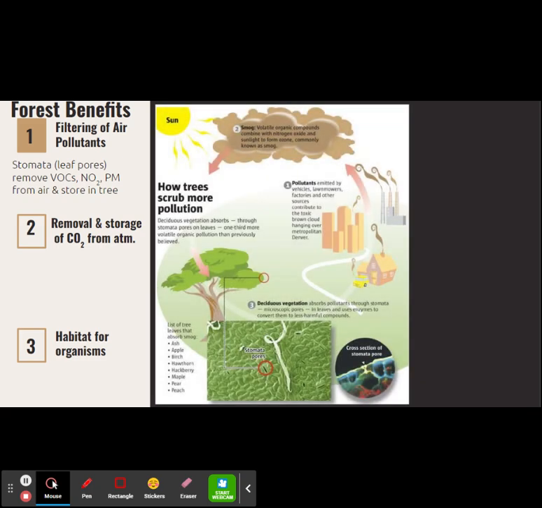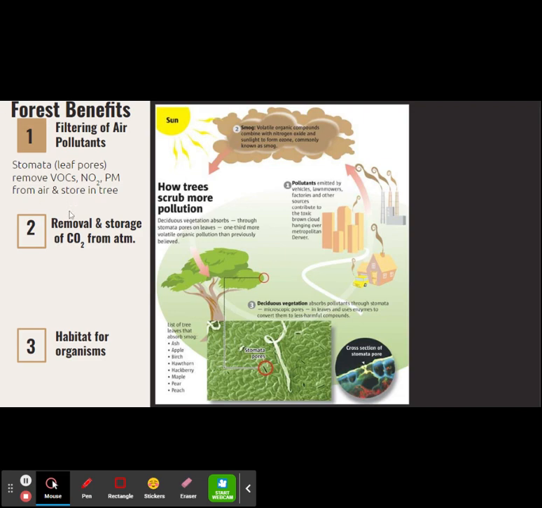So this diagram illustrates how many of these pollutants that our cars, factories, and power plants produce are pulled out of the air by the stomata of trees, especially large broadleaf trees like maples and ash. So forests are not just incredibly important for providing oxygen and a food source and shelter, they also filter air pollutants. And air pollution is a few units from now.